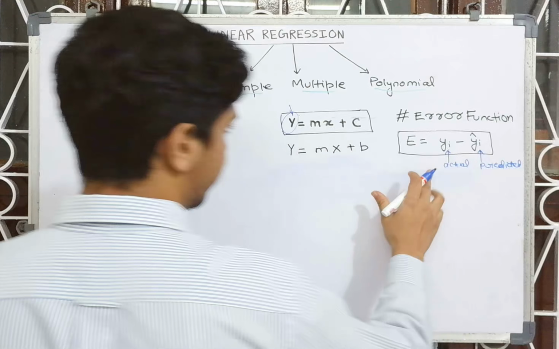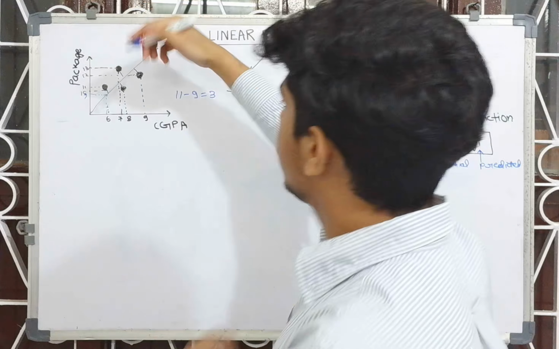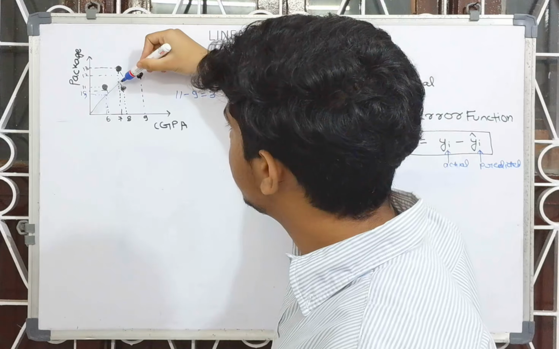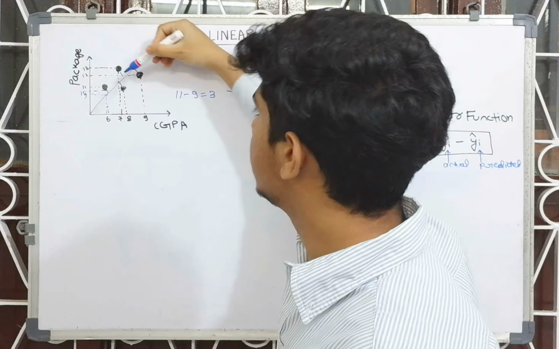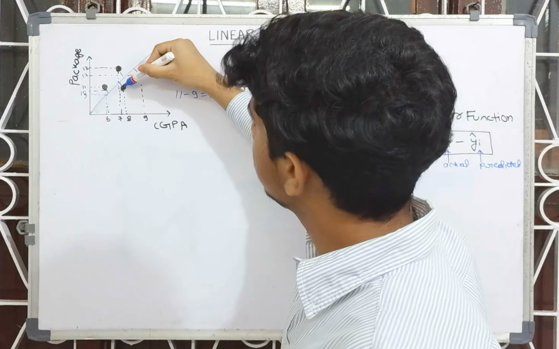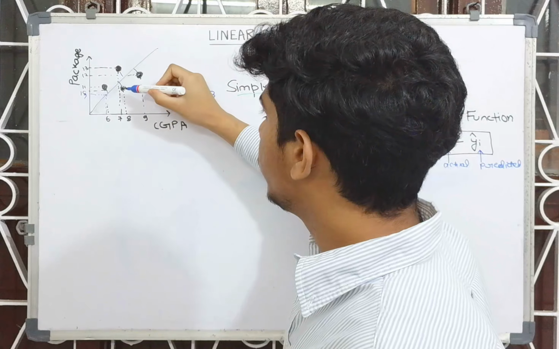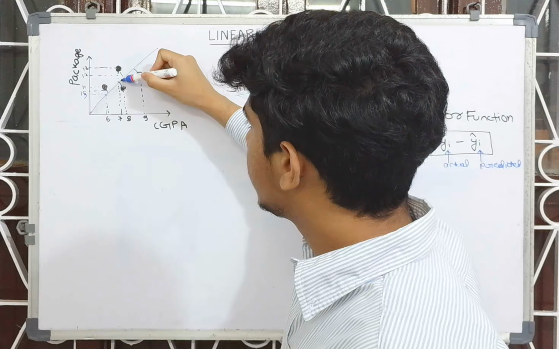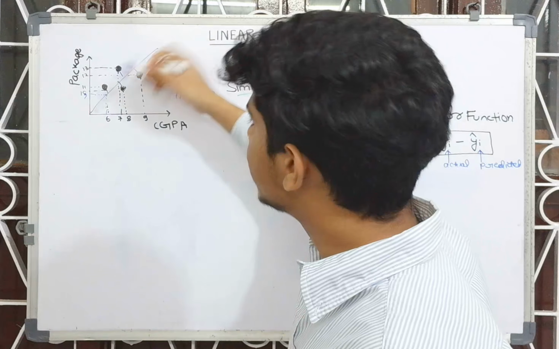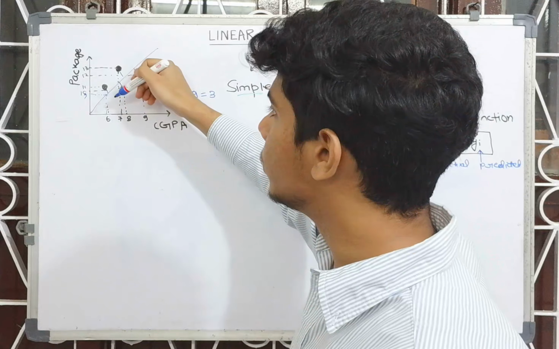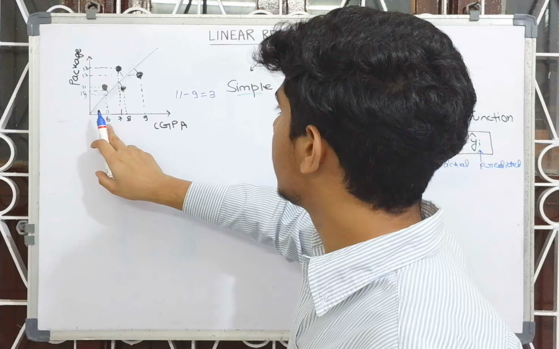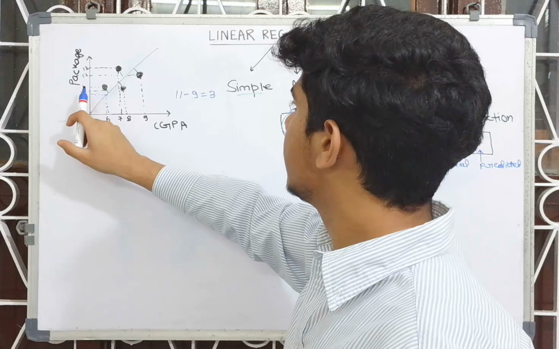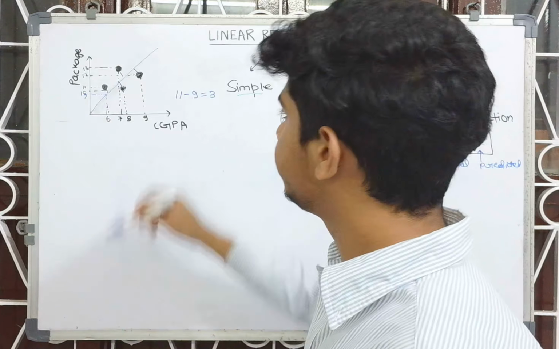How to find error? I said that this distance from the point to the line is the error, because what we thought is, let's look at the first data we took, that is 6 CGPA, and this student got 11 LPA package.